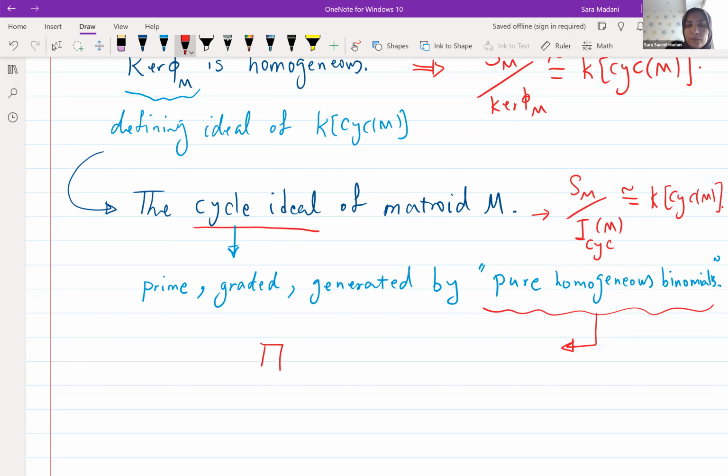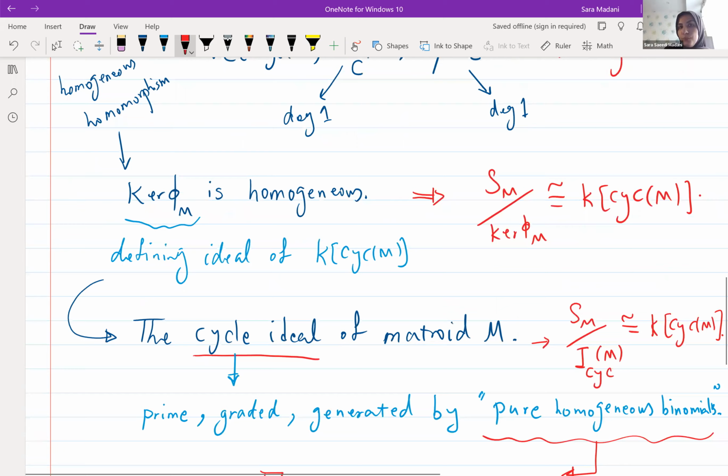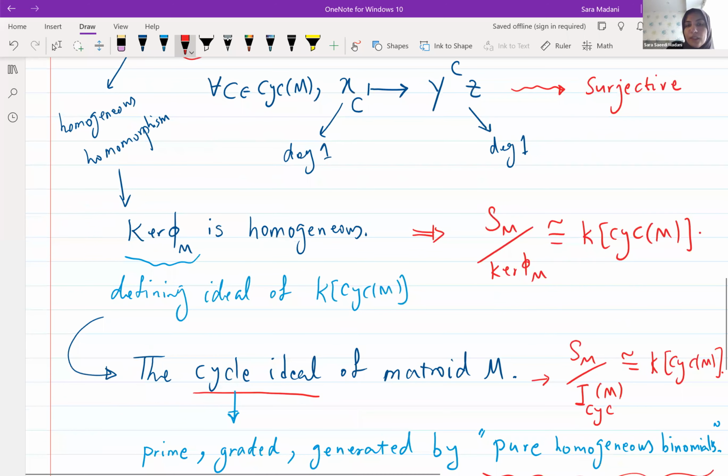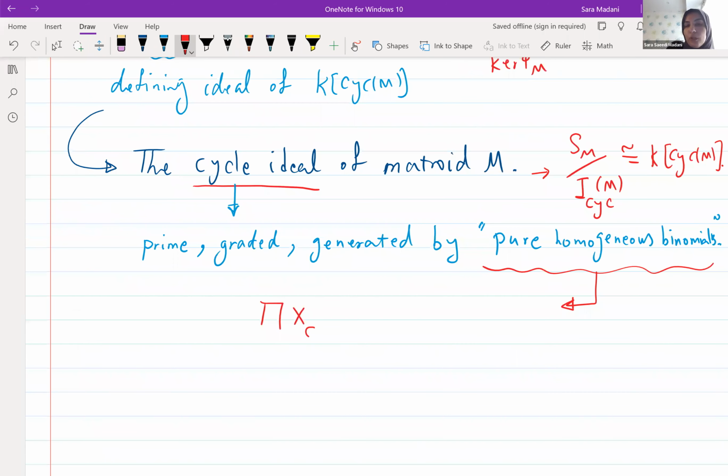And look at here, my kernel, my cycle ideal lies in this polynomial ring. So it should be written in terms of these variables x_C, where C is a cycle. So just a typical generator would be the product of x_{C_i}, i from 1 to some d, minus the product of x_{D_i}, i from 1 to d again, because I'm saying homogeneous here. So it is clear the subtraction of two monomials, so I see a binomial.